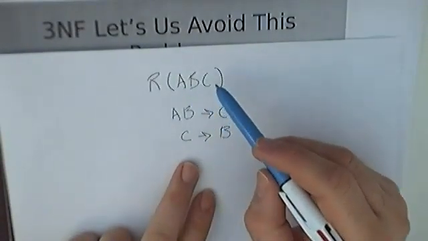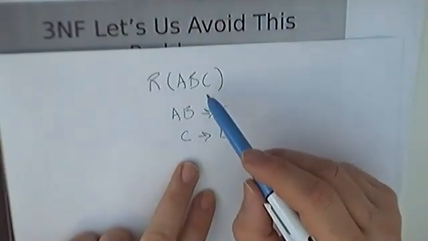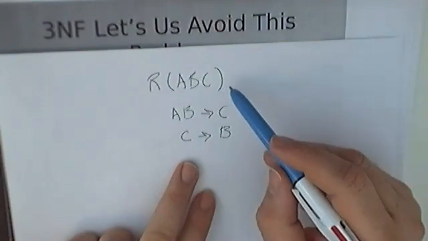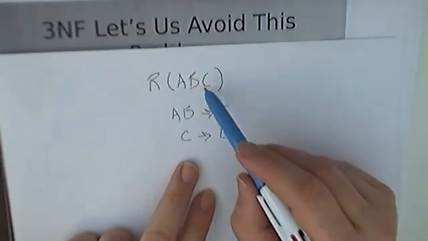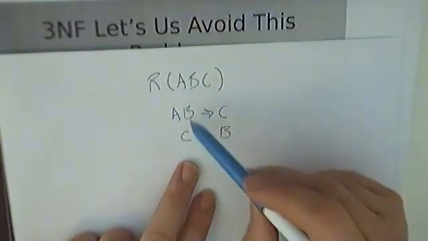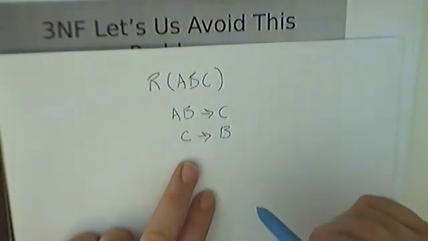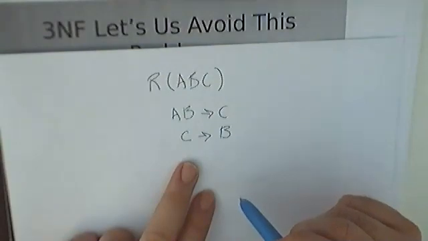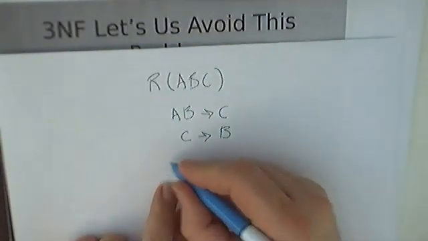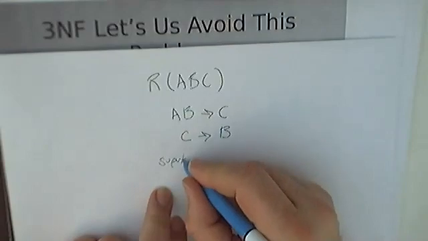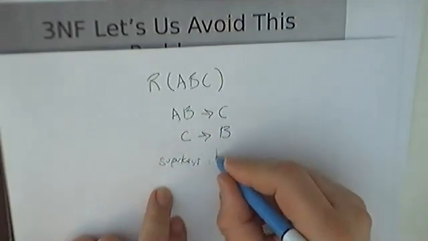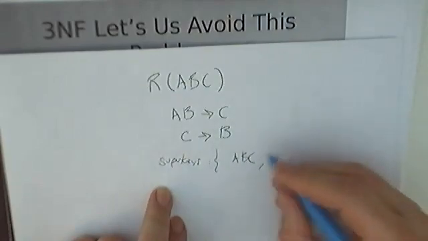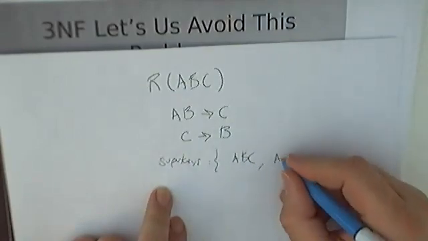What are the super keys of this? Give me a super key of this relation. Well, ABC, right? Give me more. What are all the super keys of this relation given these definitions? ABC is one. Are there any other super keys? AB.